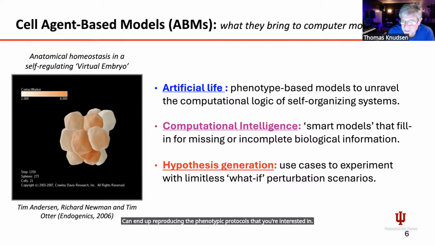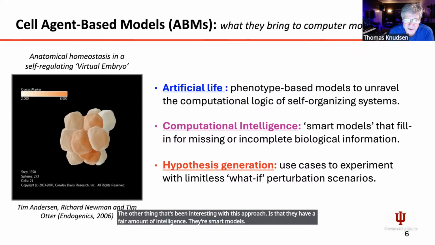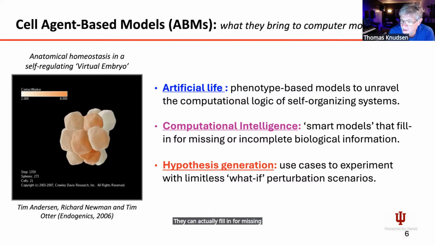The other thing that's been interesting with this approach is that they have a fair amount of intelligence. They're smart models. They can actually fill in for missing or incomplete biological information. In fact, we can focus on key molecular pathways and cellular changes and allow the CompuCell systems to evolve.